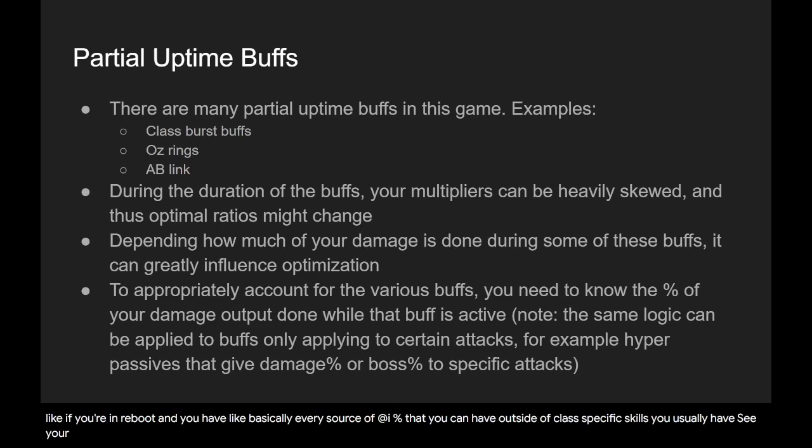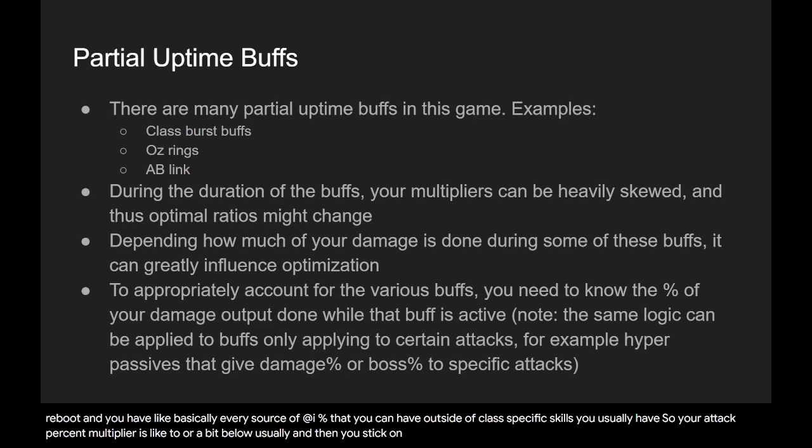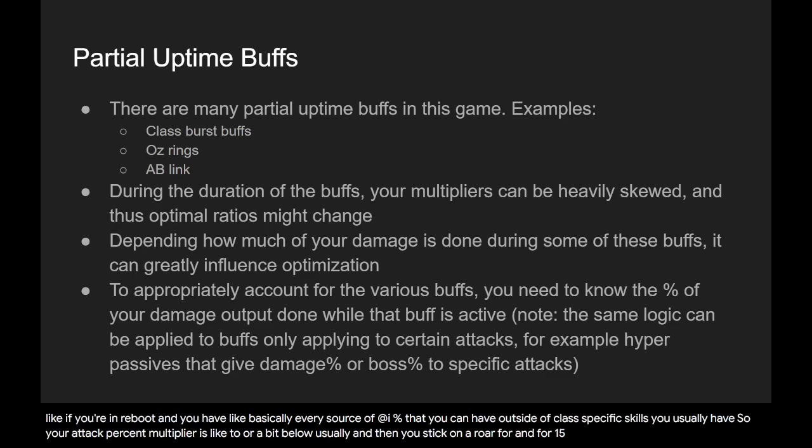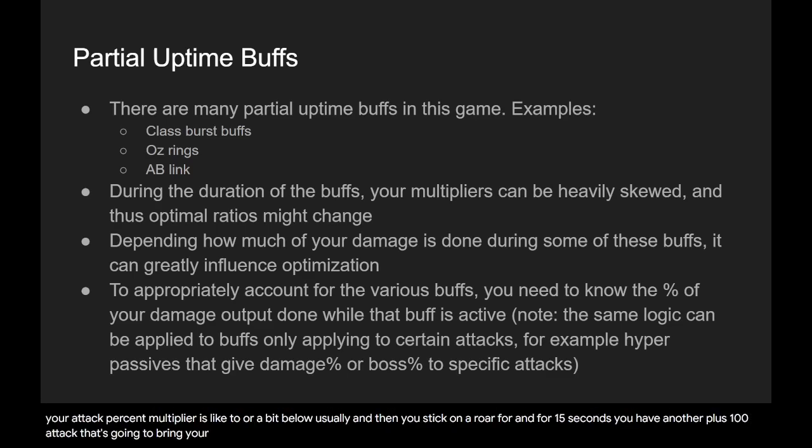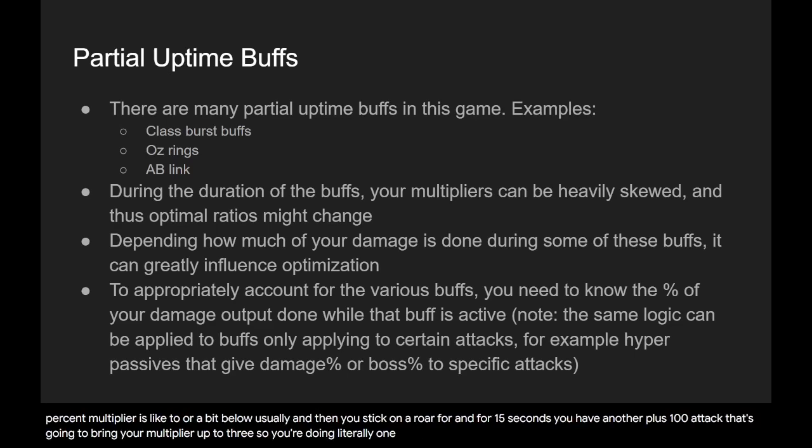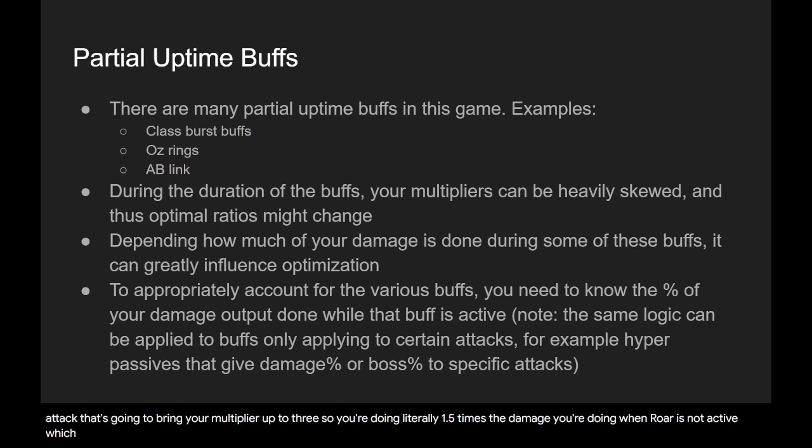So your attack percent multiplier is like 2 or a bit below usually. And then you put on a Restraint 4, and for 15 seconds you have another plus 100 attack. That's going to bring your multiplier up to 3. So you're doing literally 1.5 times the damage you're doing when Restraint is not active, which is just a crazy amount of skew on your damage.